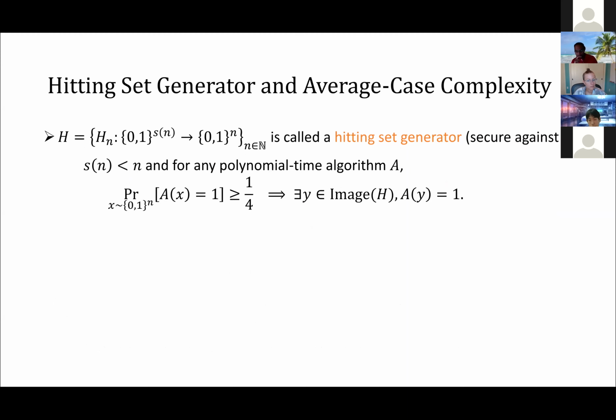The reason is that we can just consider the distribution problem of testing membership in the image of H under the uniform distribution. In fact, this is quite a general approach, because in a subsequent work, I was able to prove the converse direction as well. So this is a general approach to prove average case hardness of PH.